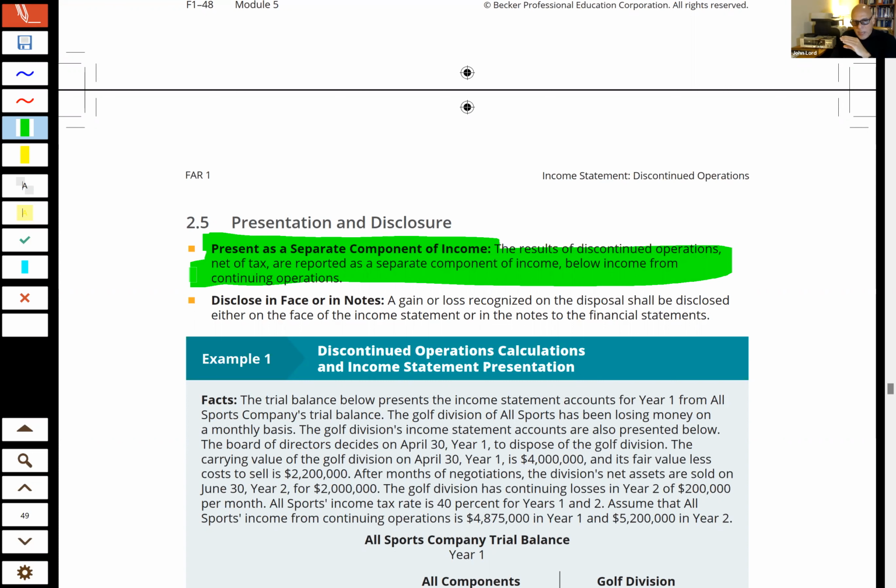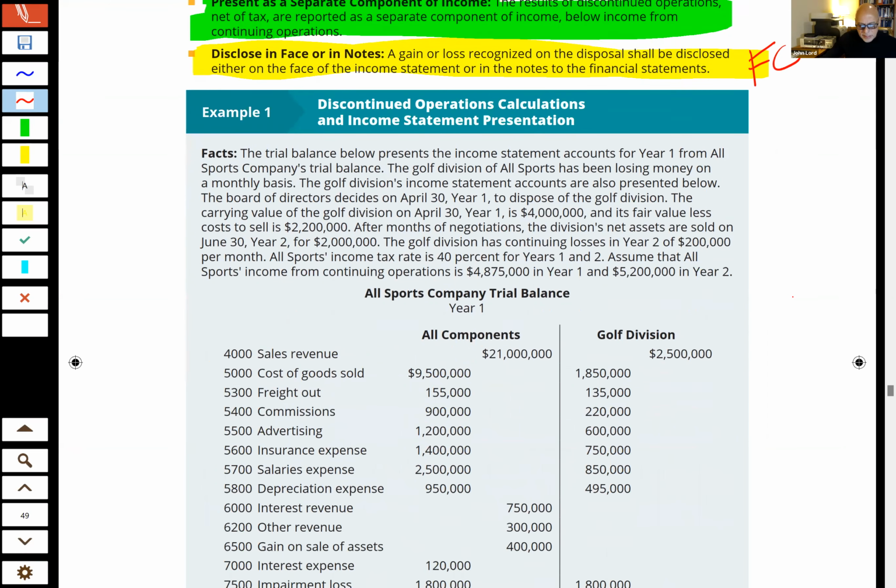You report it as one amount, but you must disclose somewhere, either on the face or in the footnotes of the financial statements, how much of that total that you reported consists of a gain or loss on disposal. That must be disclosed somewhere. So flashcard that.